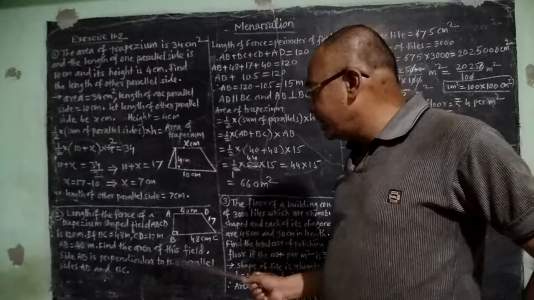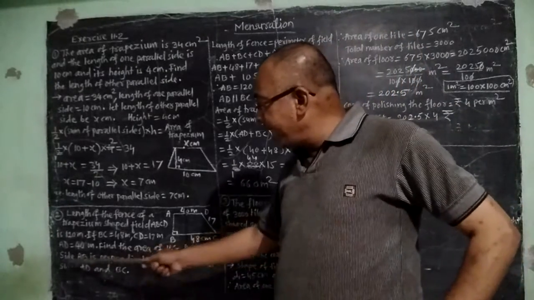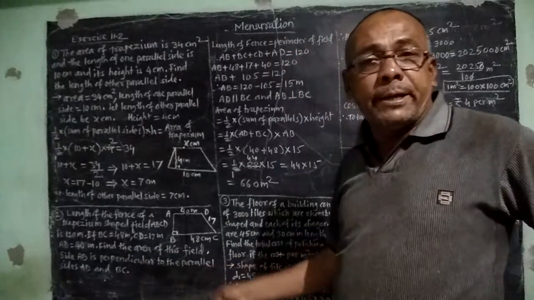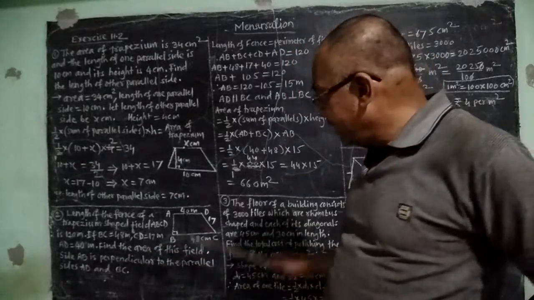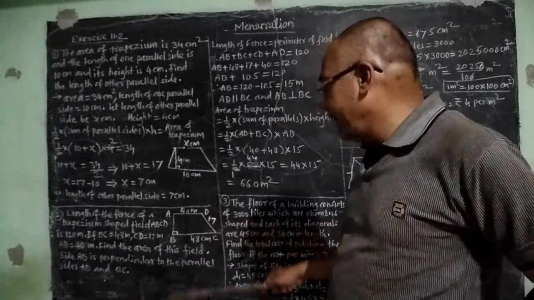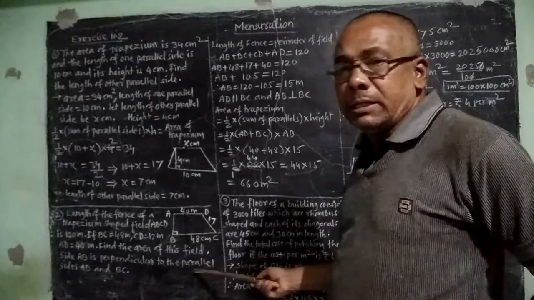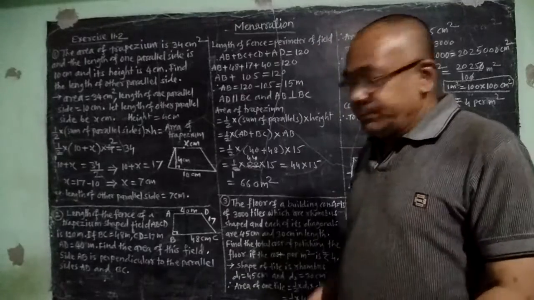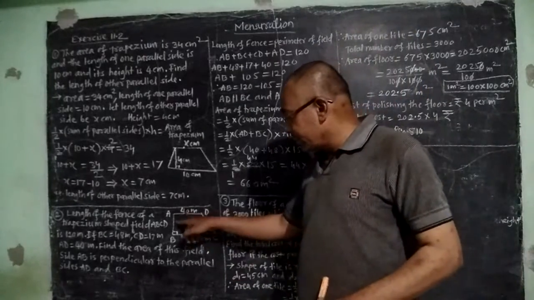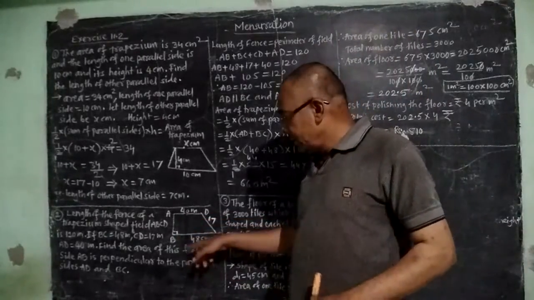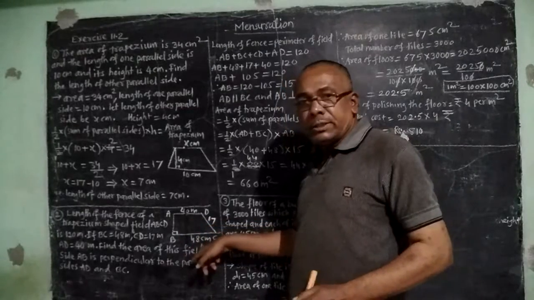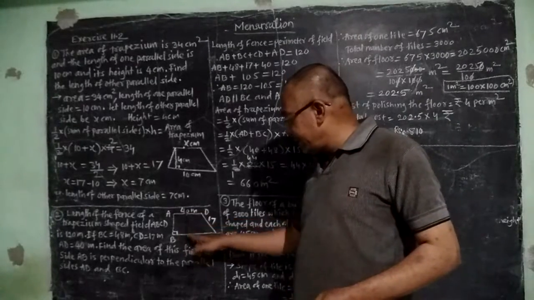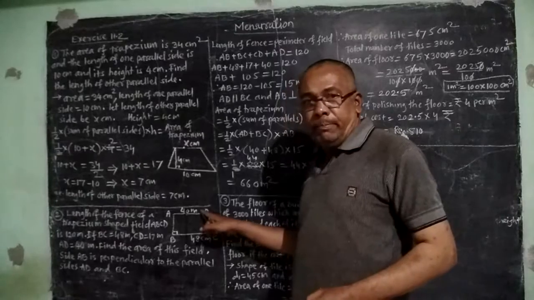Next to this it is given that side AB is perpendicular to the parallel sides AD and BC. Here we have drawn the figure. So draw the figure first. In the figure it is shown that ABCD is a trapezium.